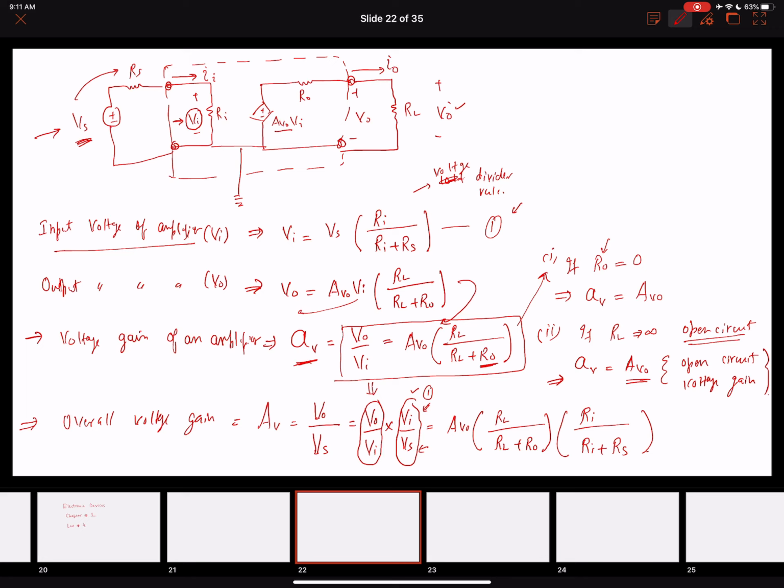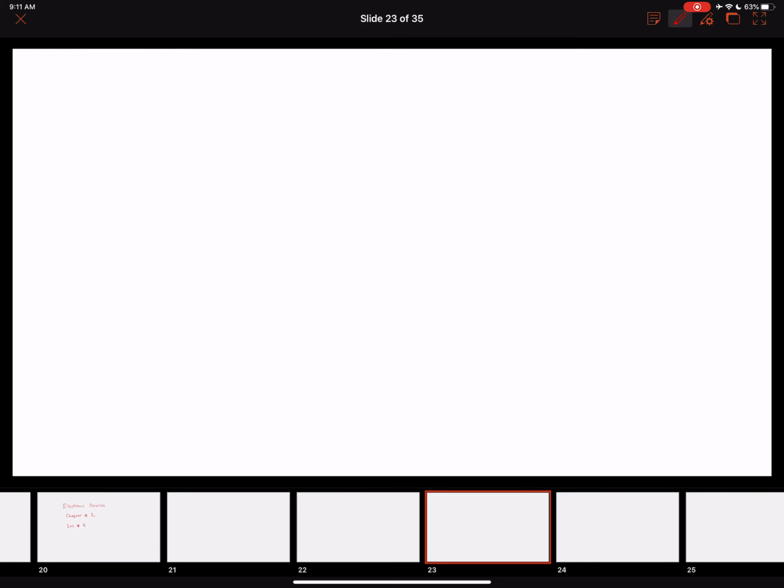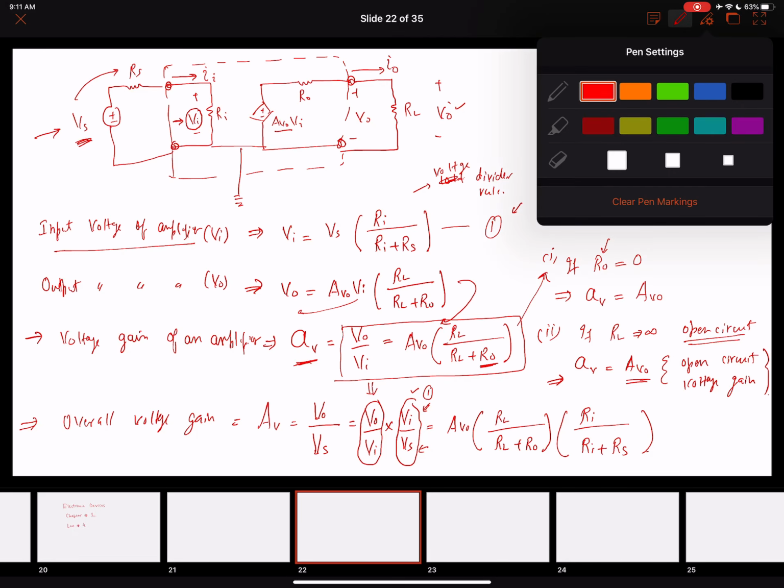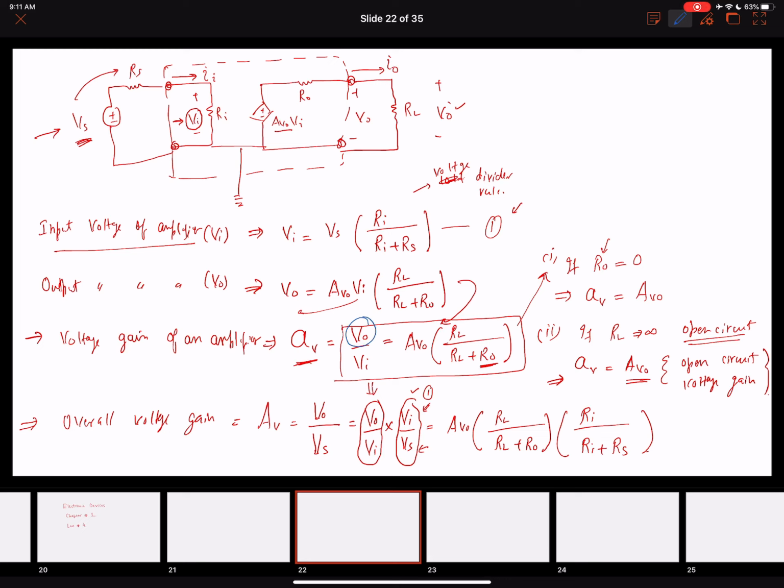The second gain is the gain of the amplifier neglecting the source that we have connected that we wanted to amplify, which is equal to the output voltage over the input voltage drop Vi across the input resistance of the amplifier. And the third is the overall voltage gain, which is the output of the amplifier divided by the source that we have connected to the amplifier. So there are 3 types of different gains.